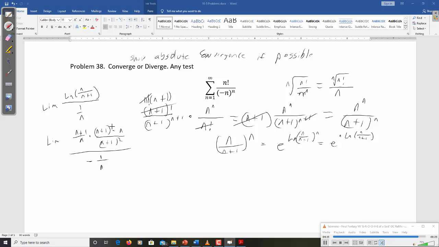So that's going to be n plus 1 minus n will just be 1. N plus 1s will cancel out. So that gives us 1 over n times n plus 1 over negative 1 over n squared.